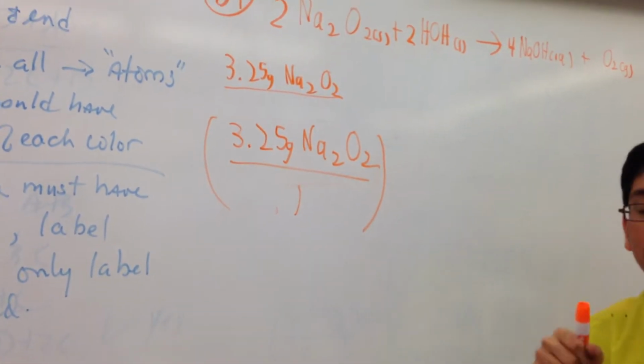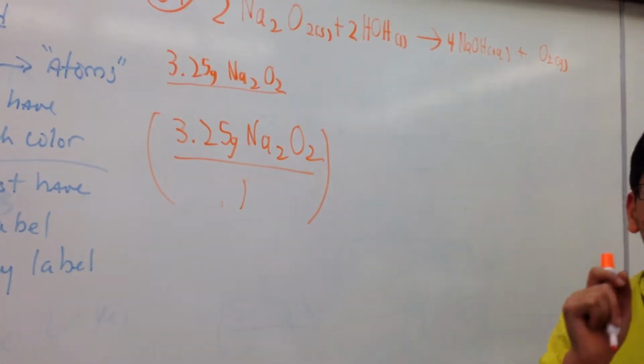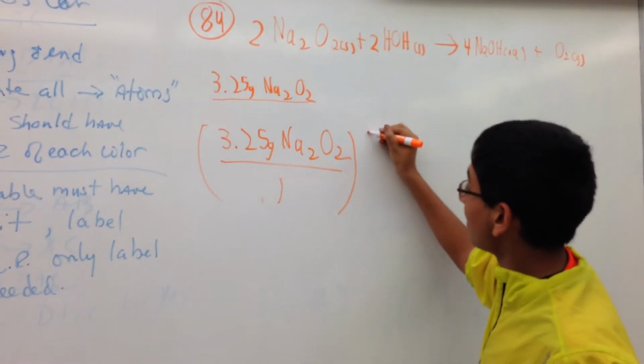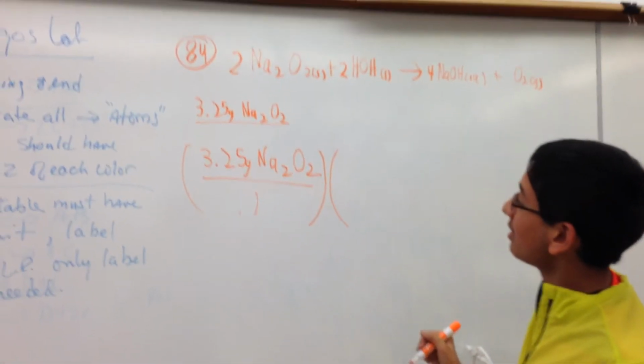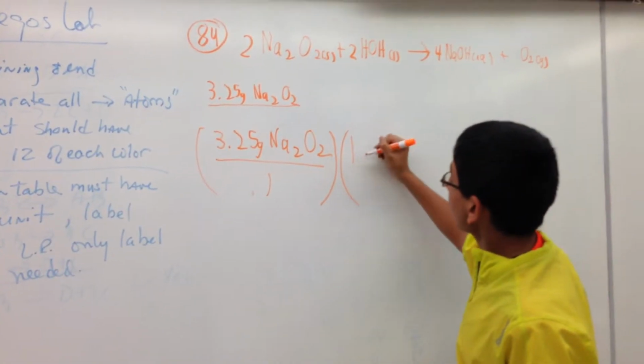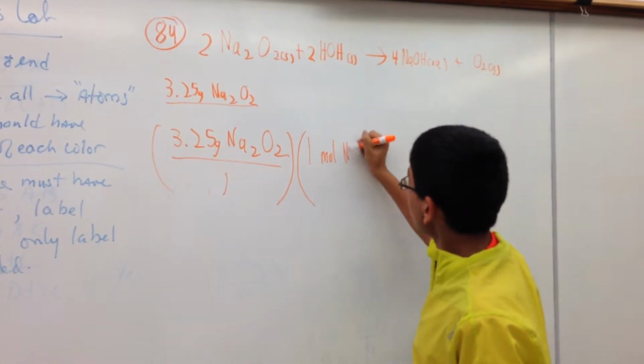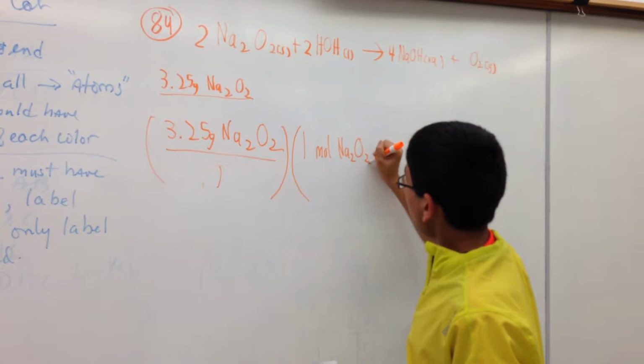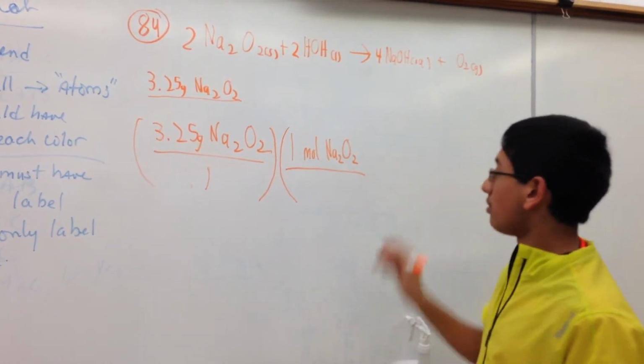Now what we want to do is convert that to moles, because moles is the gateway, the doorway, whatever you want to call it. So to get to moles of sodium peroxide, we're going to have to use the molar mass.